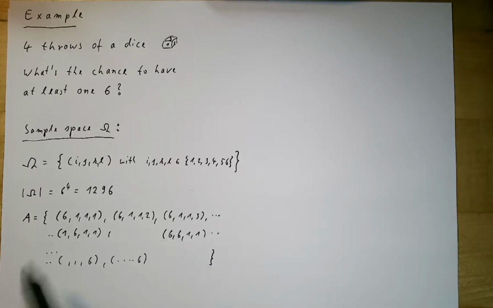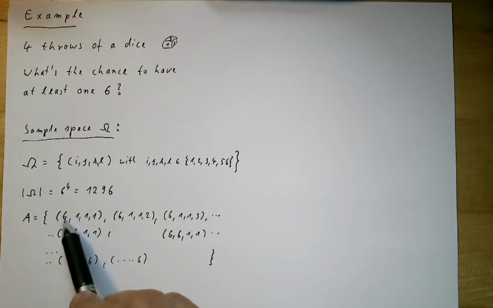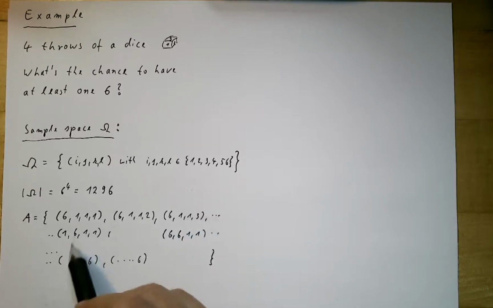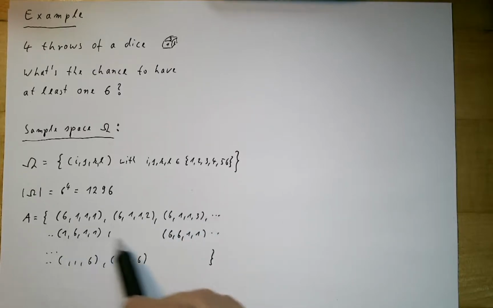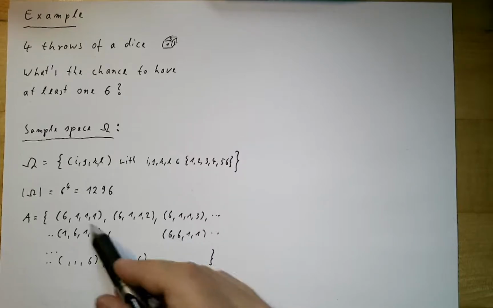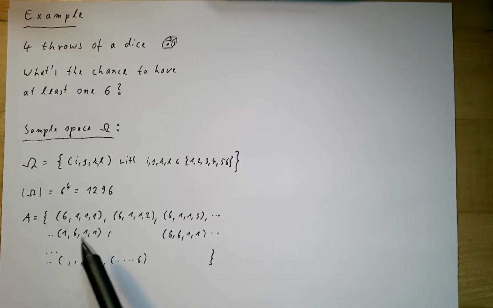So you could start with the first dice being 6, and find out how many possibilities you have, and then the second dice would be 6, and you have to include, of course, cases where the first is also 6, because only one has to be 6, and so you continue. Find a clever way to enumerate this and find the size of the set.